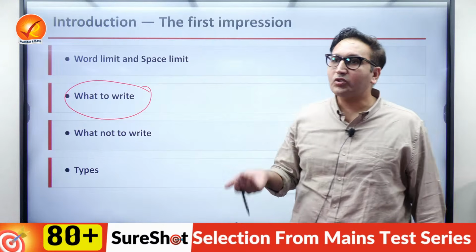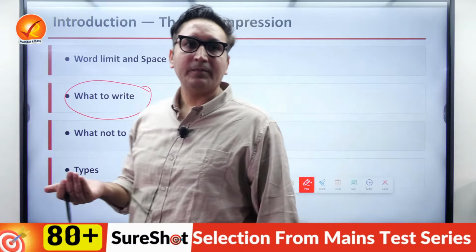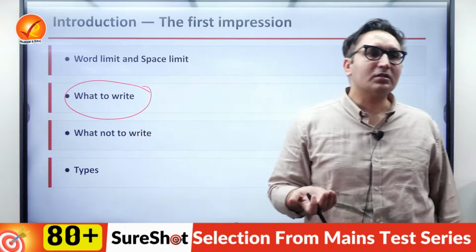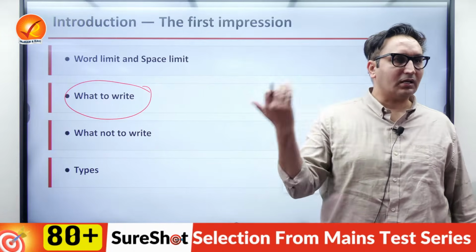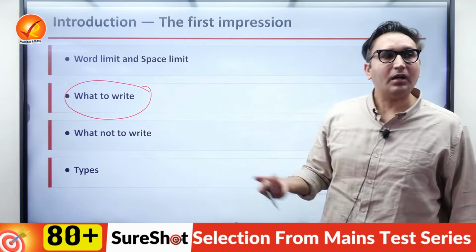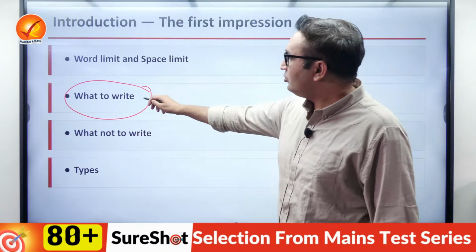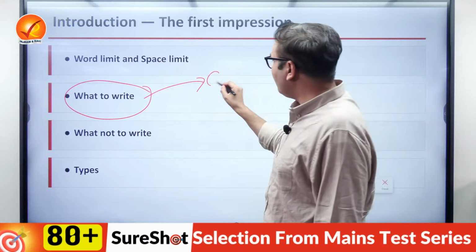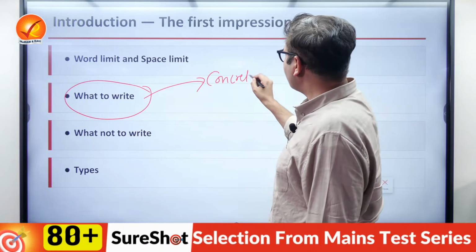If I am talking about the social sector, NFHS data, right? If the question is about criminalization of politics, NCRB data or something like that, PRI data, all those things. So whatever content you write, that should be concrete content. This is the first thing.